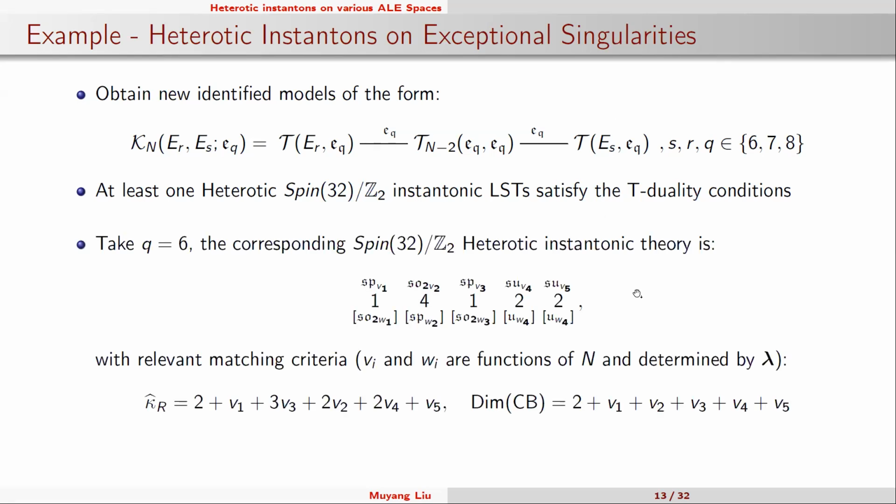So for instance, if we take Q equals 6, we are producing copies of the E6 gauge algebras in the middle. The corresponding T-dual series is described by the chain below, where the Vi and the Wi are still functions of N, and they are determined by the right connection choices in lambda in the Spin(32)/Z2 instanton series.